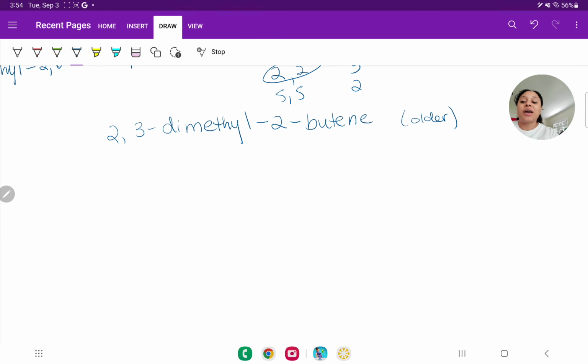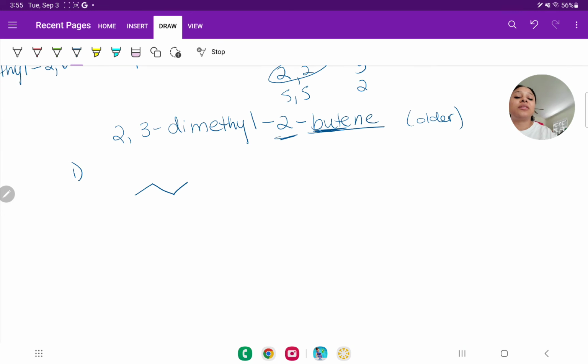My first step is to focus on the last part of the name, the number of carbons. So I have 1, 2, 3, 4 carbons. Then this number says that the start of my alkene is going to be on my second carbon.